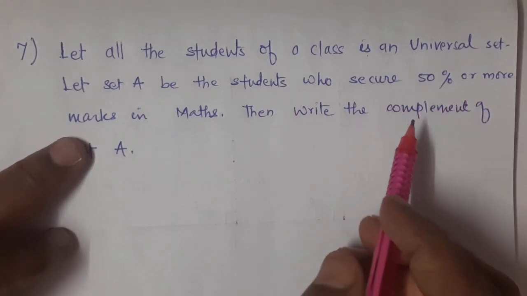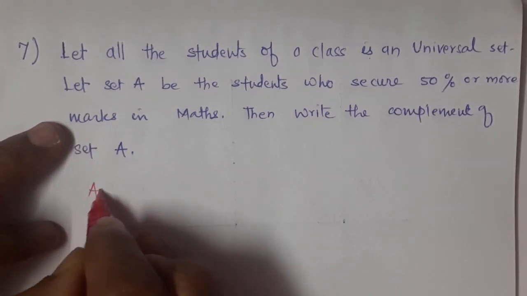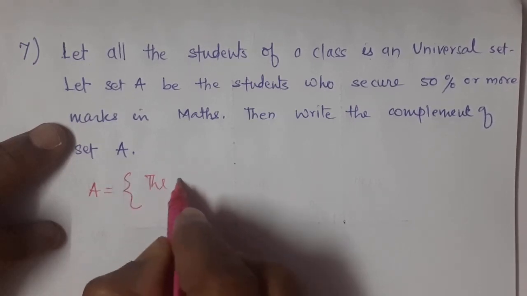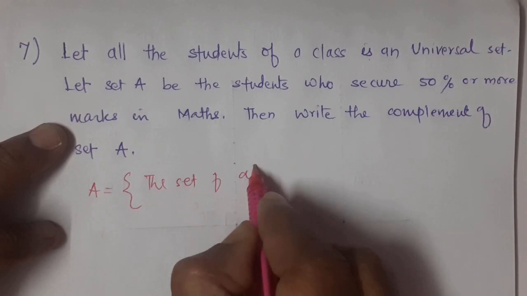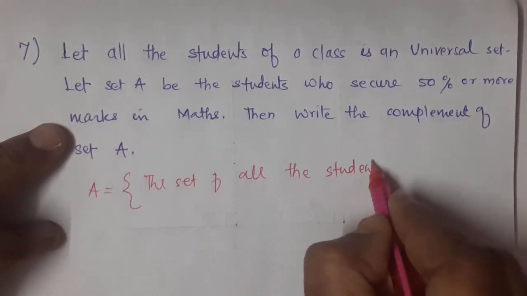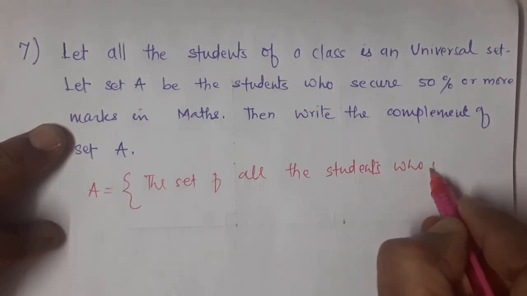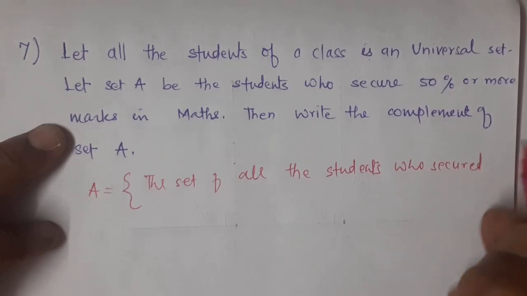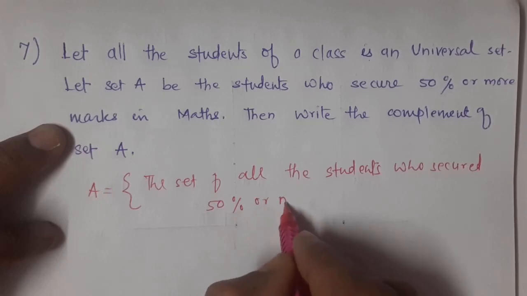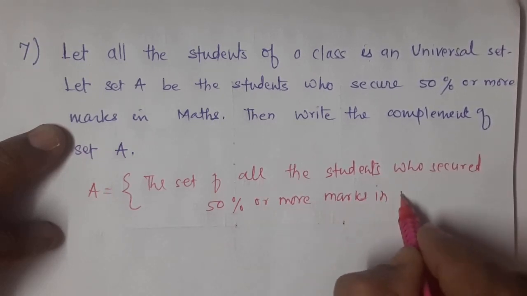So A is the set of all the students who secured 50% or more marks in math.